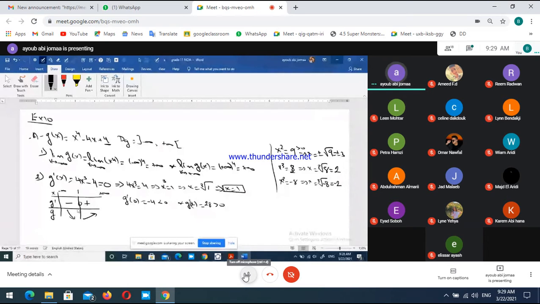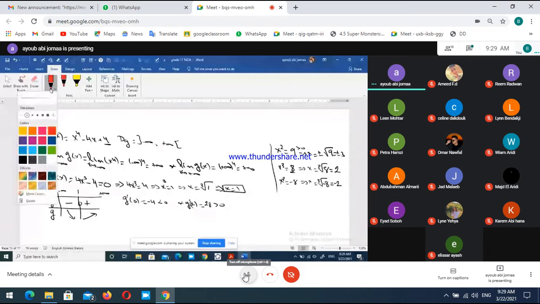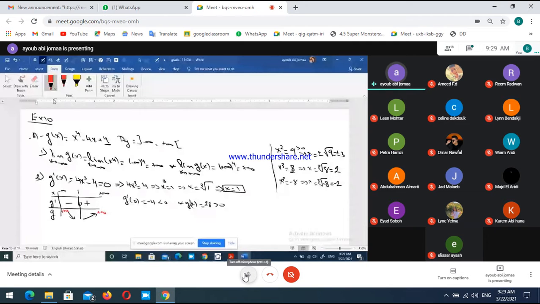What about the limits? We are not finding the intersection or the relative positions between the curve and the straight line. We have a minimum here.